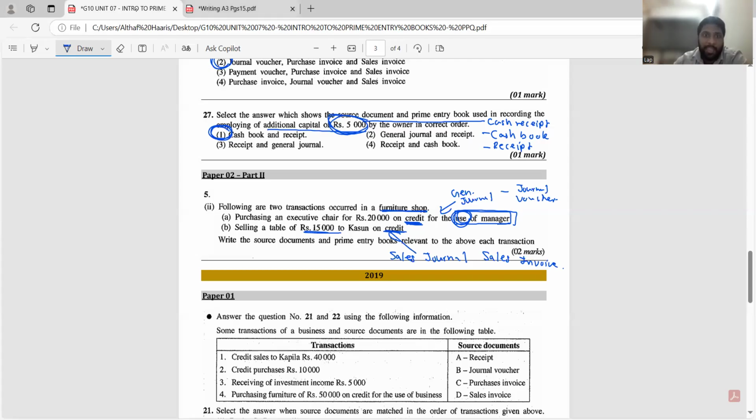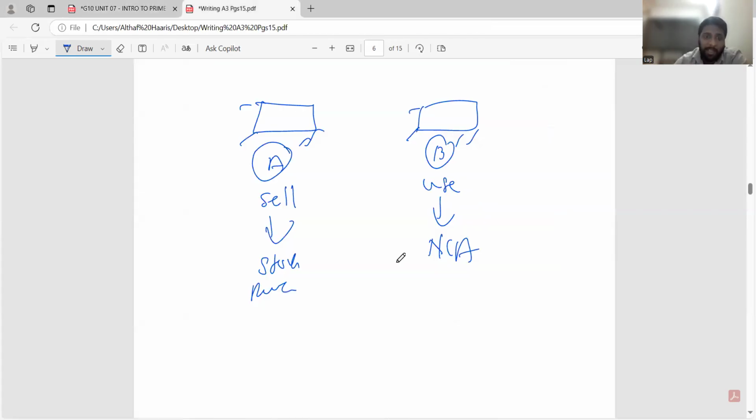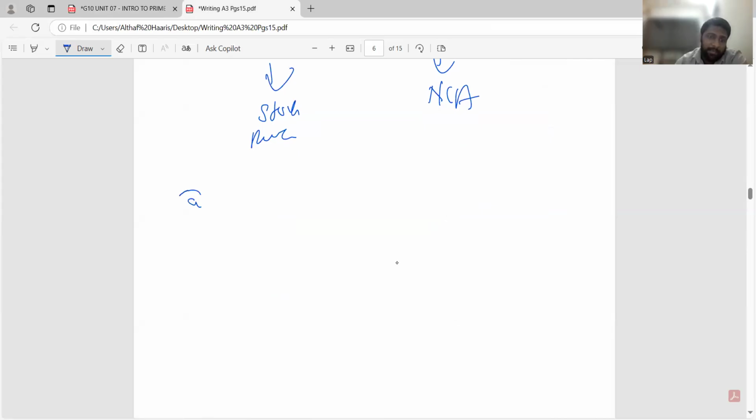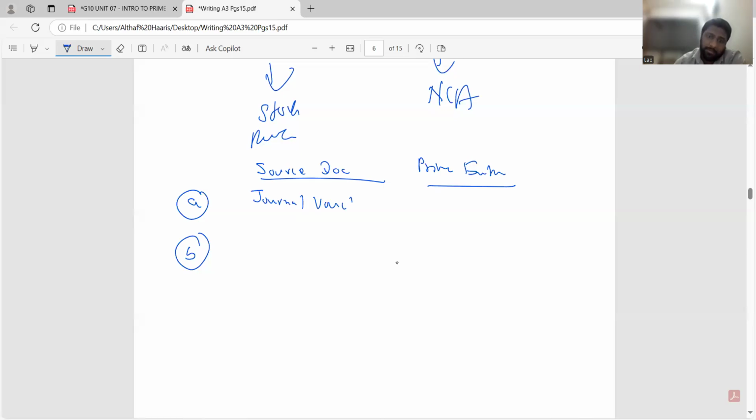So you can write it nicely. A, B, source document, prime entry book. First one, source document, journal voucher. Prime entry book, general journal.